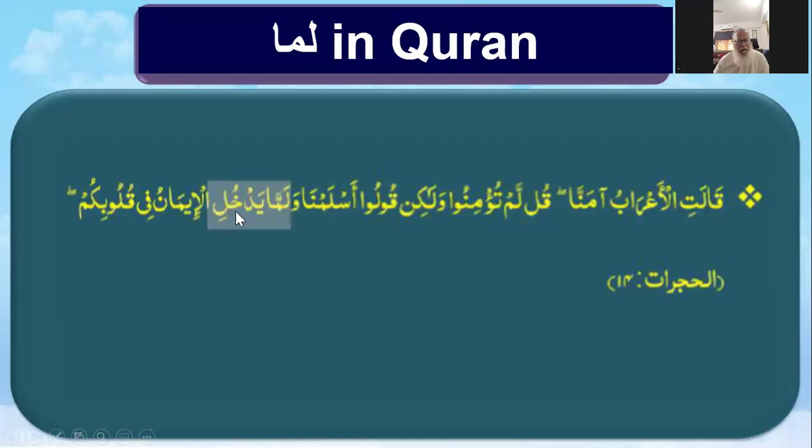The rest we give kasra. So yudkhulu, it has a kasra. This kasra is temporary, the tajweed kasra, not the grammar kasra. This is to join them and pronounce them. Otherwise this is sakin. The actual word here is yadkhul, and it was originally yadkhulu. Lamma means this thing has not happened yet, but it is possible it will happen in the future.